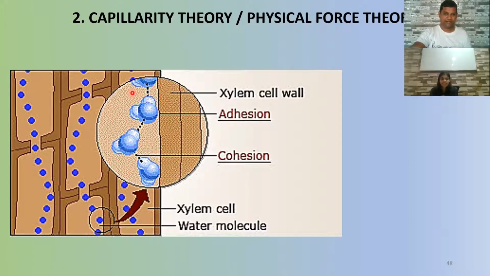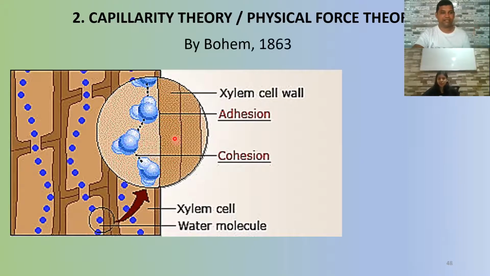If you observe carefully, the water molecule is H2O, shown in light blue. The brown one is the cell wall of the xylem. Between the xylem cell wall and water there is adhesive force, and between water molecules there are cohesive forces.